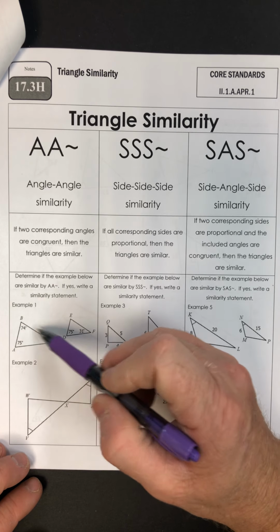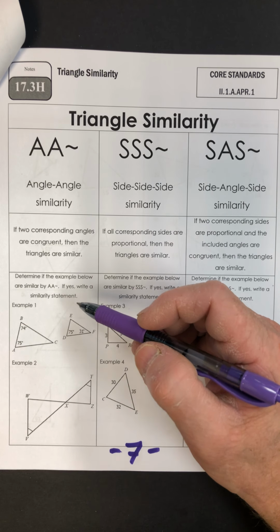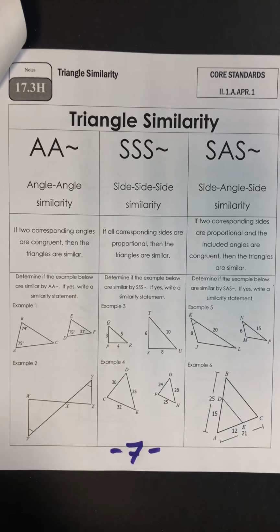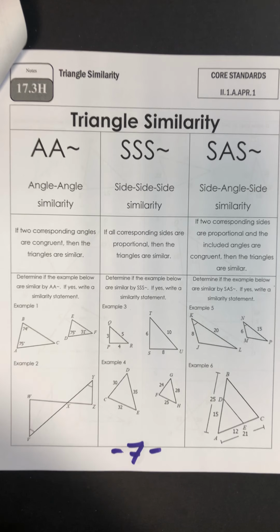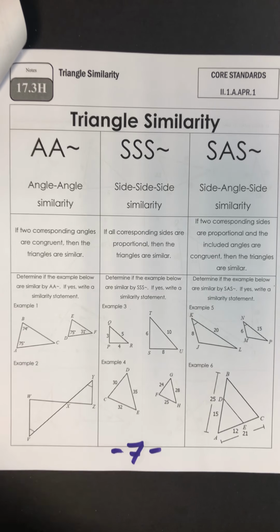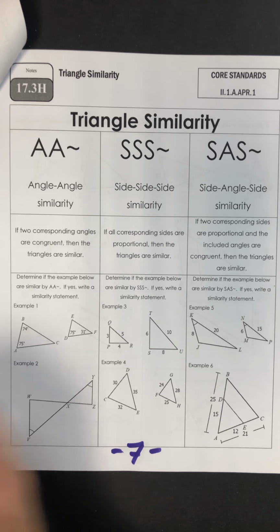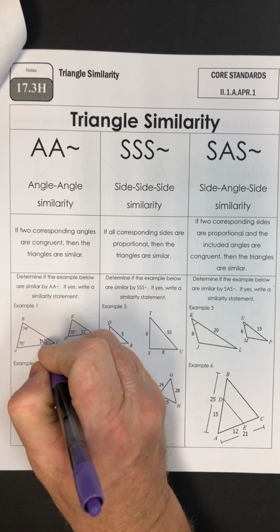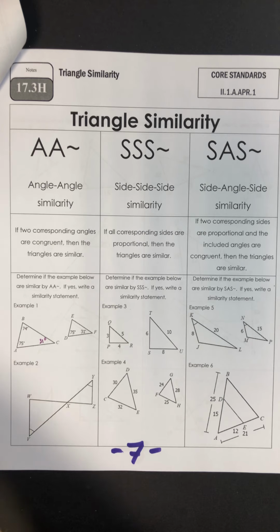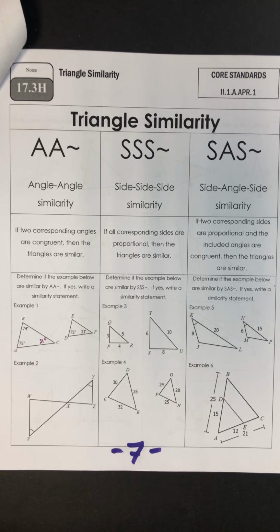All three angles together add up to 180. So 180 minus 74 and then minus 75, that will be 31 degrees.